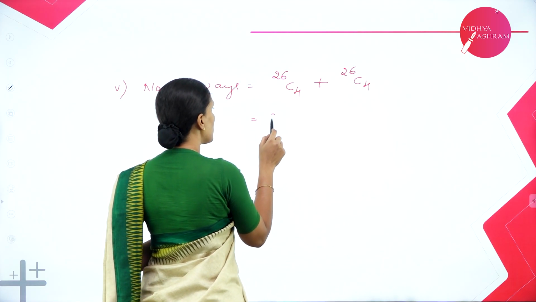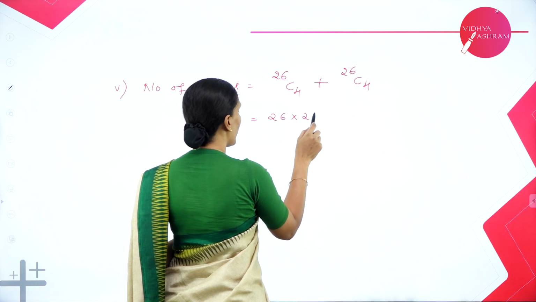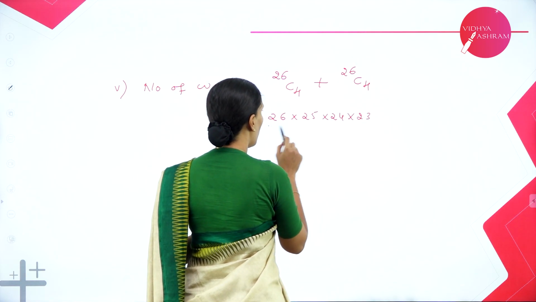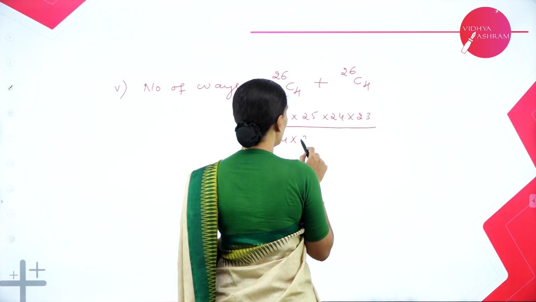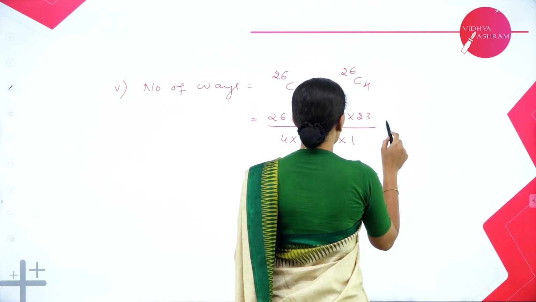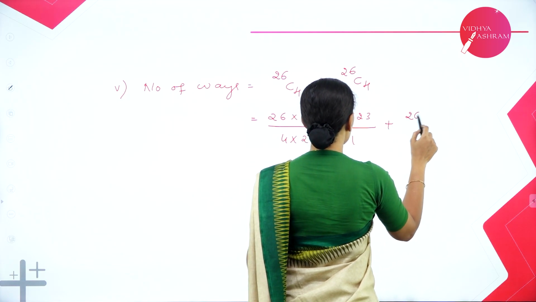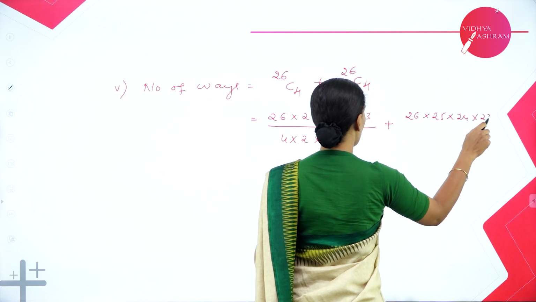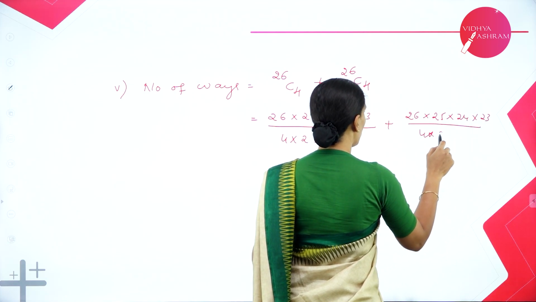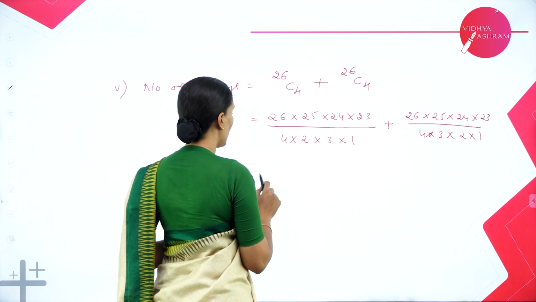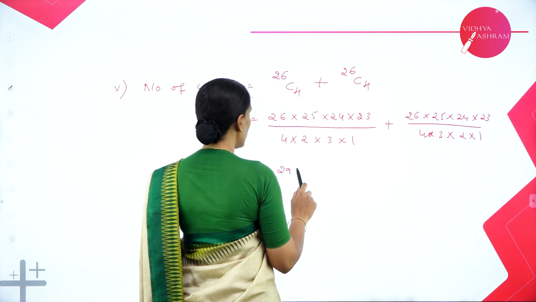So here it becomes 26 into 25 into 24 into 23 whole divided by 4 into 3 into 2 into 1. Similarly, plus 26 into 25 into 24 into 23 divided by 4 into 3 into 2 into 1. So evaluating this, we'll get the value 29,900.